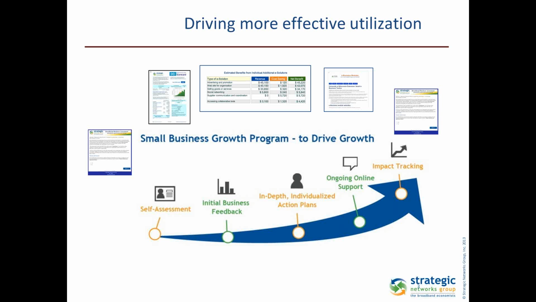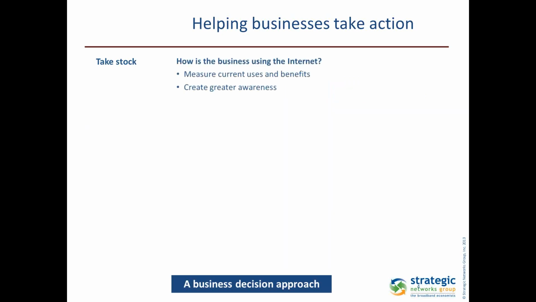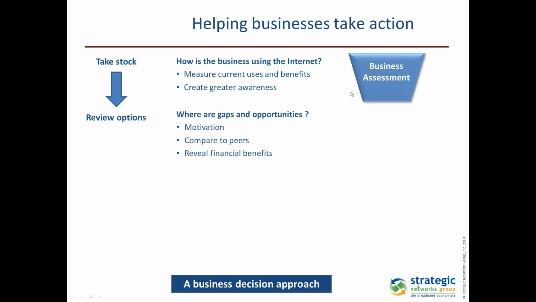So the portal itself, and the whole program actually, is designed around helping businesses make a decision, so it's a business decision approach to the program. Not to be overly repetitive here, we've got the business assessment, which is as I described it, really about how are they currently using. In the process, we actually create awareness.